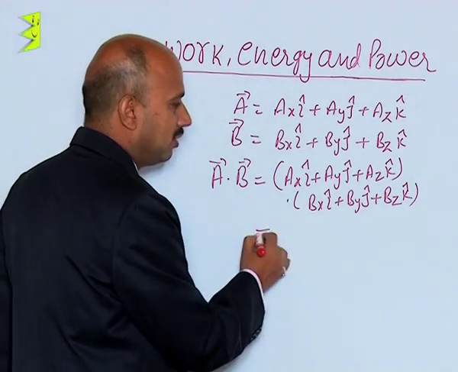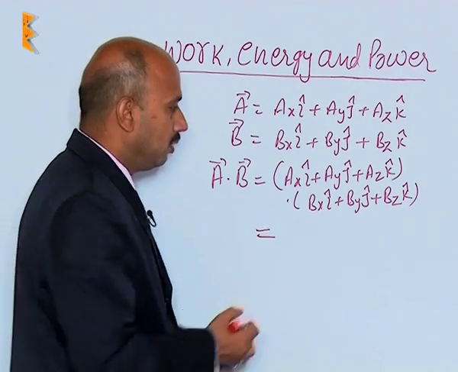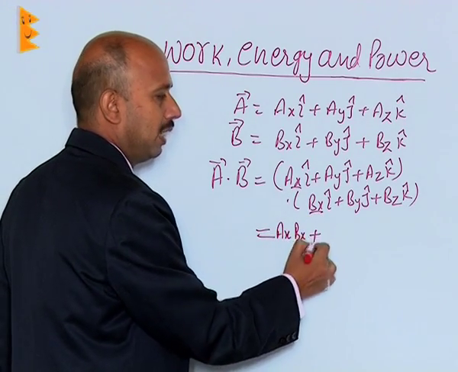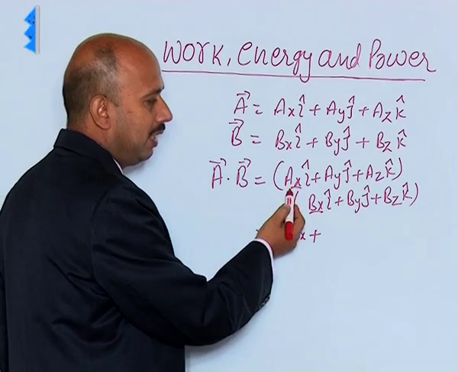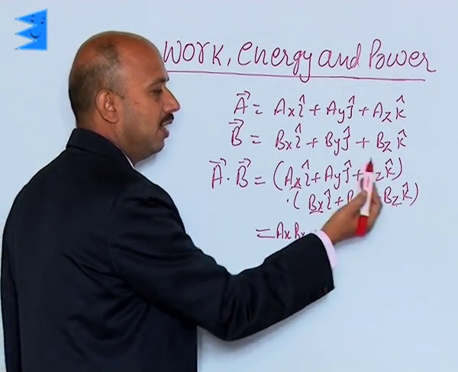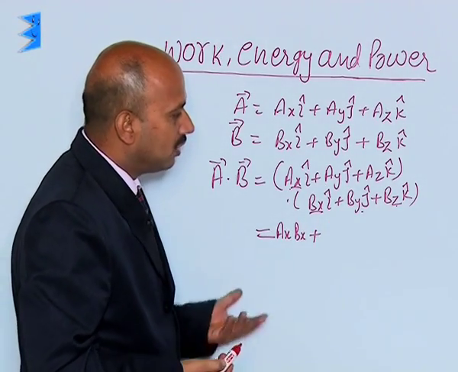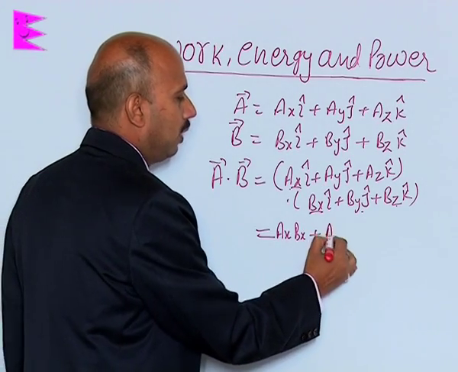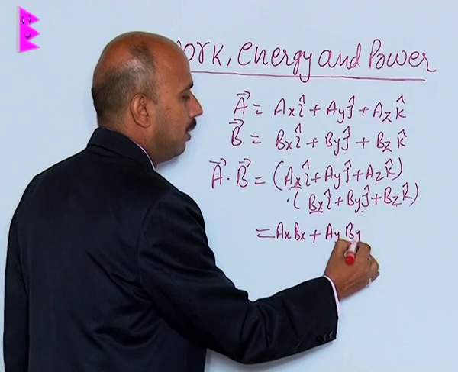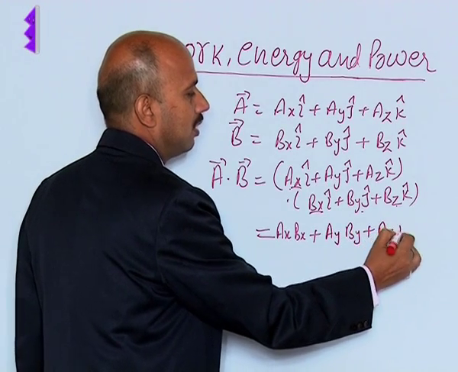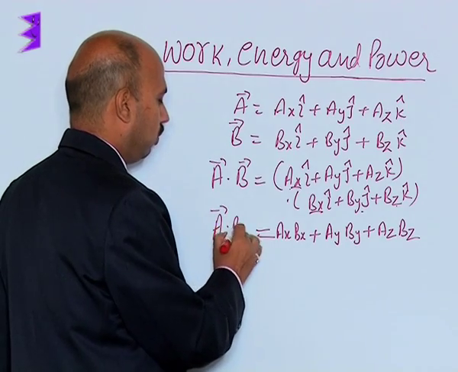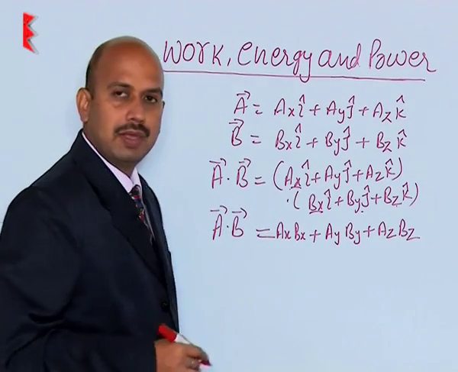Since i dot i is 1, we get Ax Bx. Multiplying Ax i with j and k gives 0 because i dot j or i dot k is equal to 0. So you can write Ay By plus Az Bz.